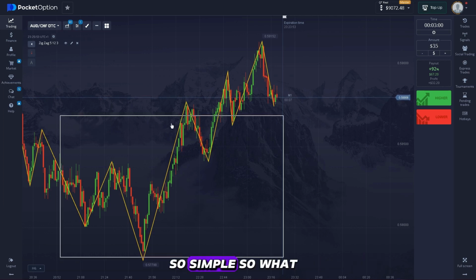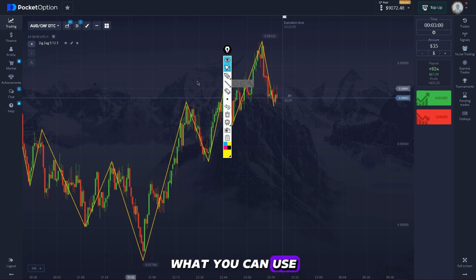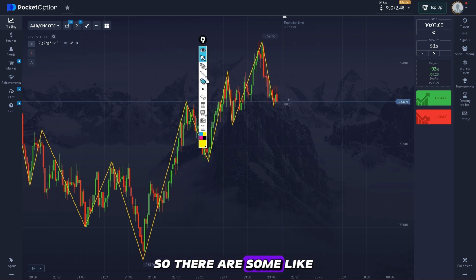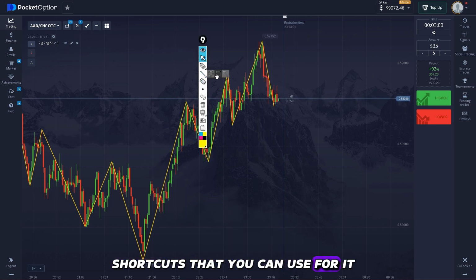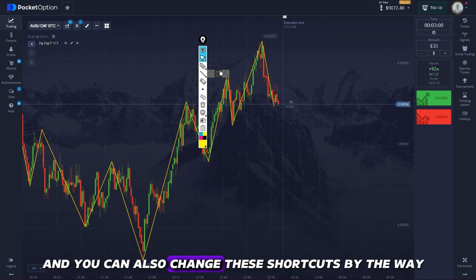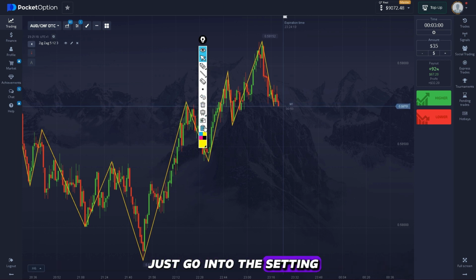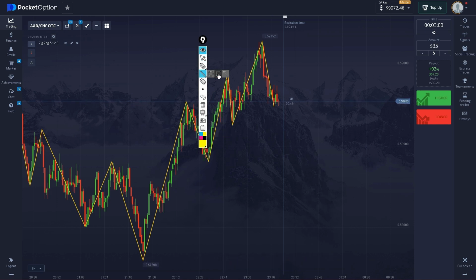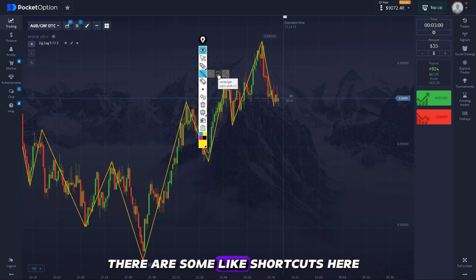It's just simple. What you can use this for is to draw quickly. There are some shortcuts that you can use for it. For example, if you want to draw a rectangle, you can also change these shortcuts, by the way. Just go into the settings option from here and change it. As you guys can see, there are some shortcuts.